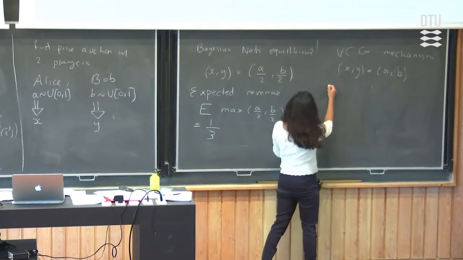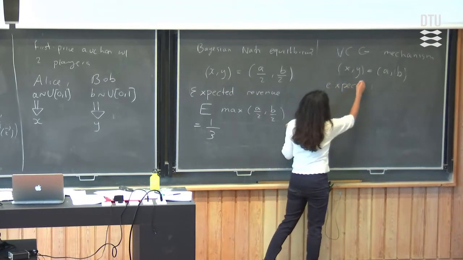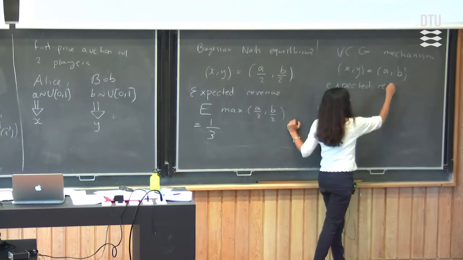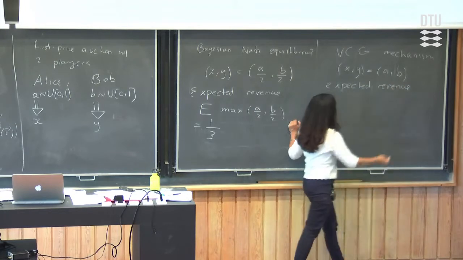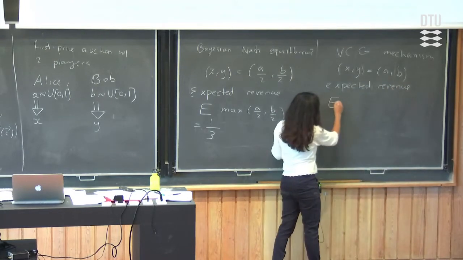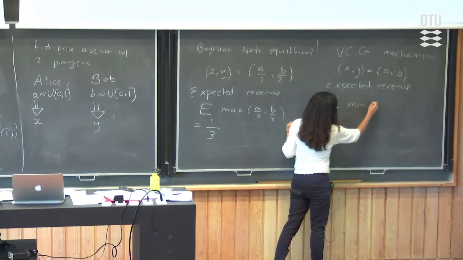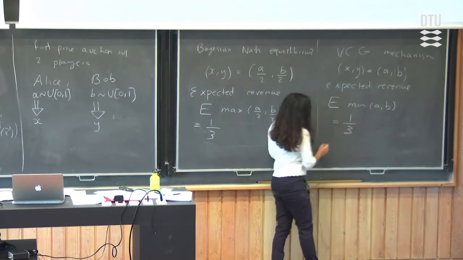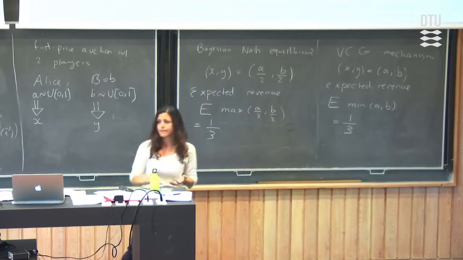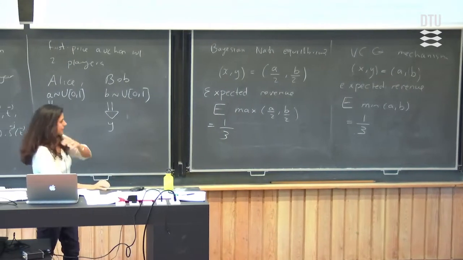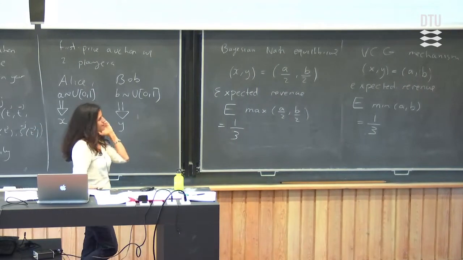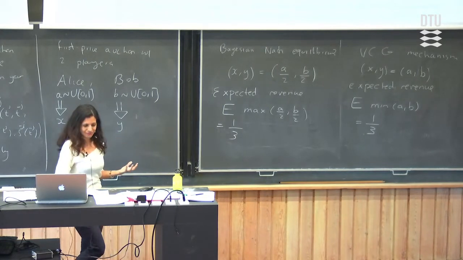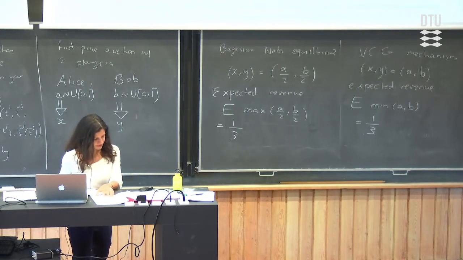And for the expected revenue of the auctioneer, the auctioneer will then get the second highest price. So it's the expected value of the min of A, B. If you calculate that, you also get 1/3. Okay? And so the point is that there's this beautiful result from auction theory.